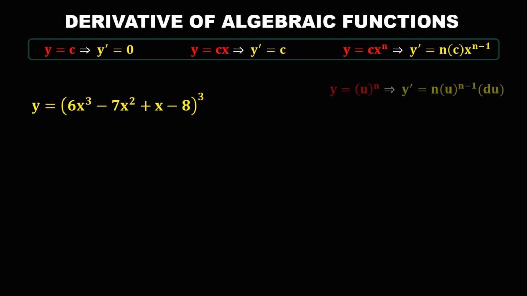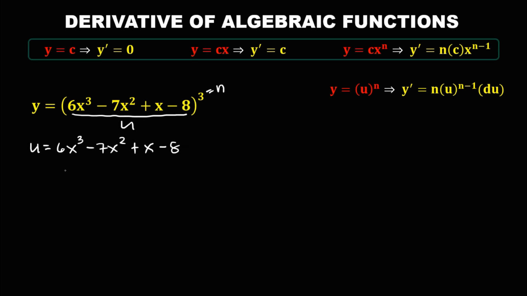Then for this given, using the chain rule, this is u and this is n. So u equals 6x to the power 3 minus 7x squared plus x minus 8.